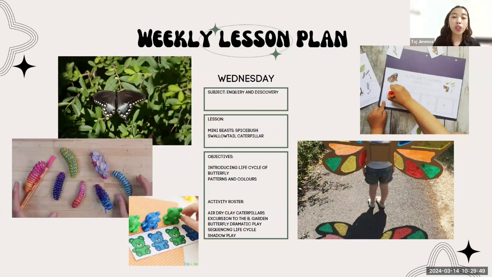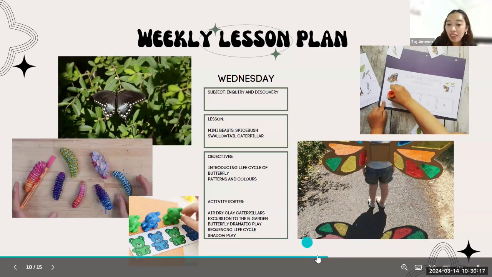So that's why when you're preparing a lesson plan for the whole week, you might want to consider the different intelligences and put them in one big lesson, and the other intelligences can be chopped up into zones. For example, in your literacy zone, you can put the sequencing of the life cycle.